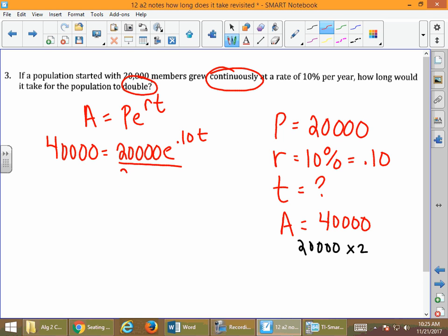So we divide both sides by 20,000. And when we do, we get 2 equals e to the 0.10t.